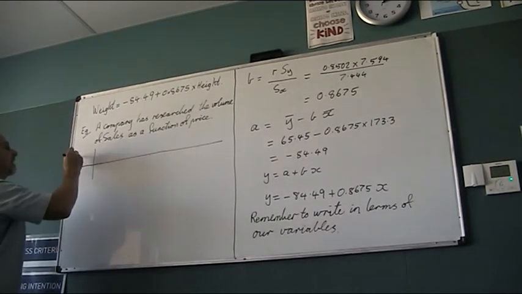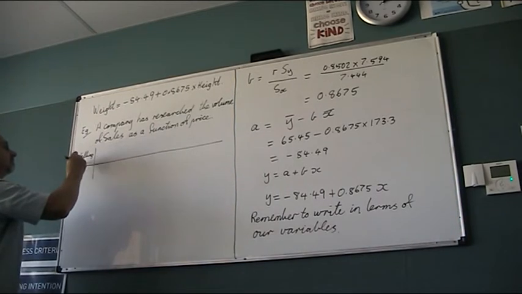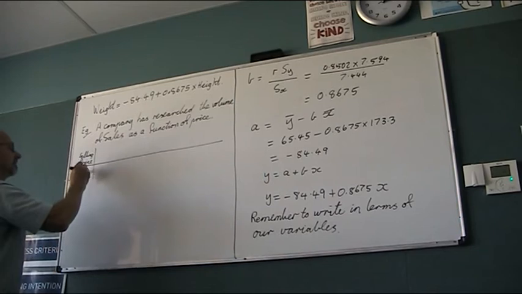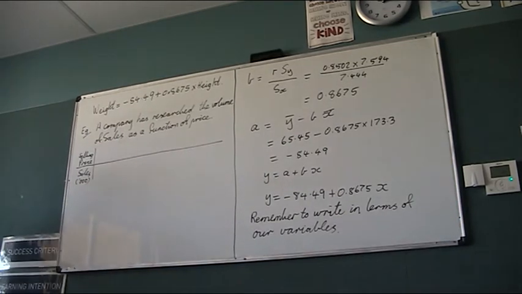So we've got our selling price. And then we've got our sales. And this here means the sales are in thousands.